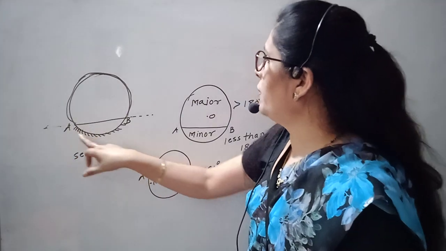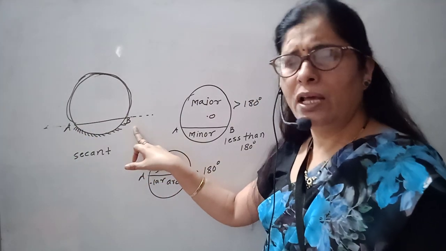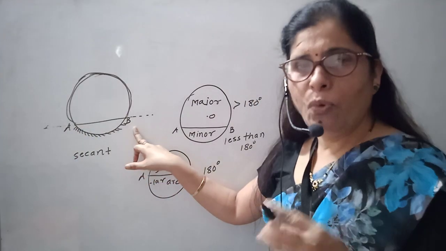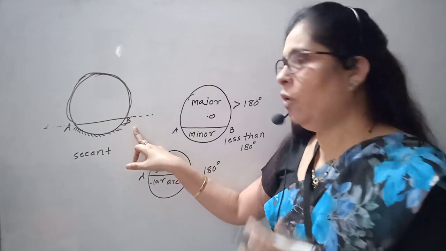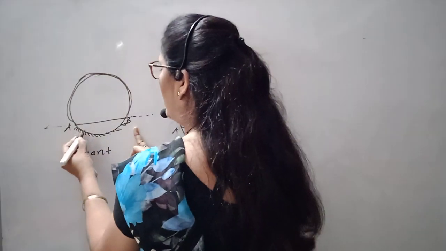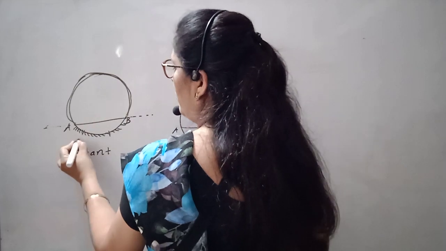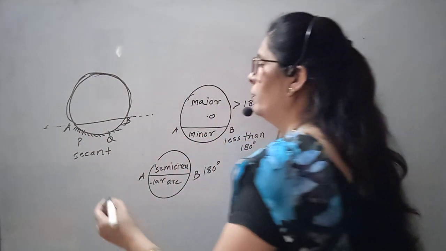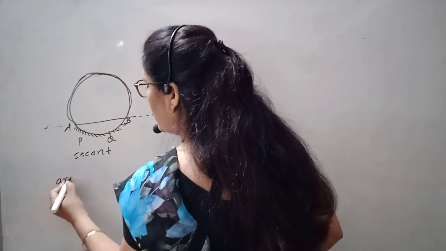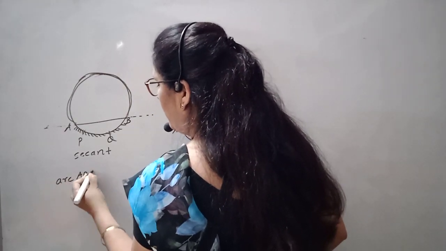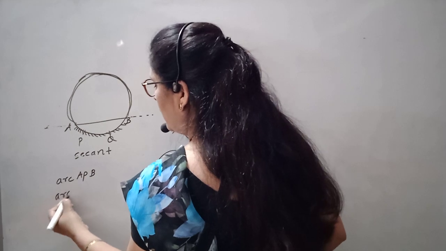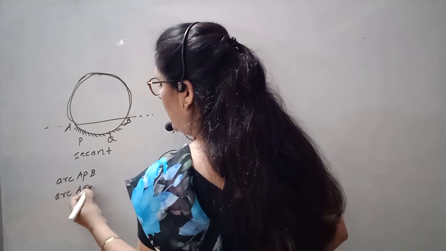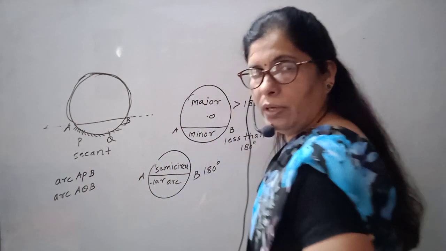So in between A and B there are so many points, but while writing the name of the arc you can highlight any point from this lot of points. So we can write down arc APB. This is also correct. Arc AQB. This is also correct.